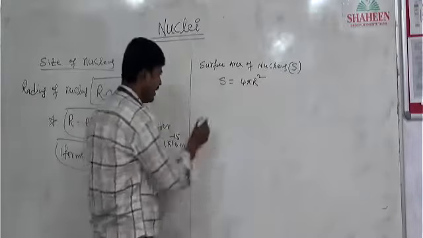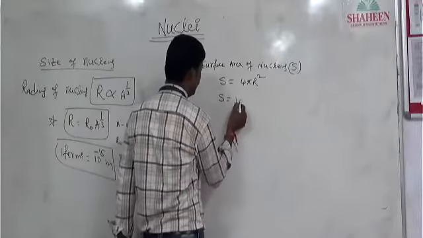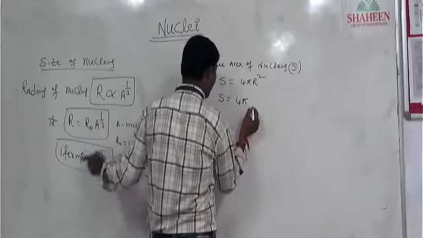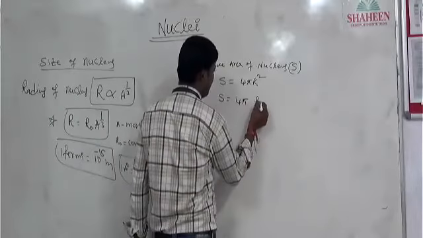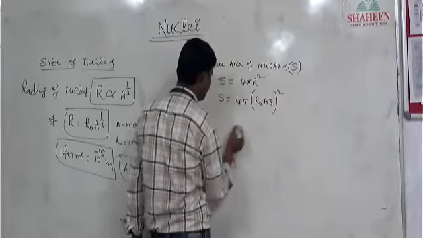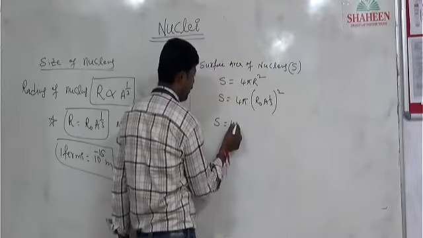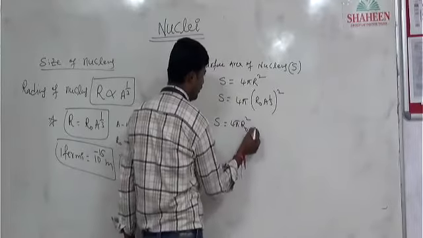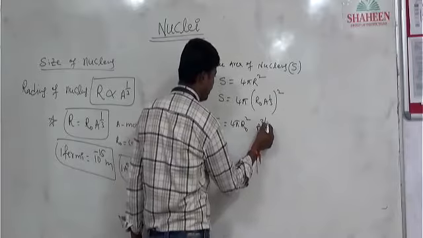So I can write S equals 4 pi times R naught A to the power 1 by 3, whole square. This becomes 4 pi R naught square into A to the power 2 by 3.